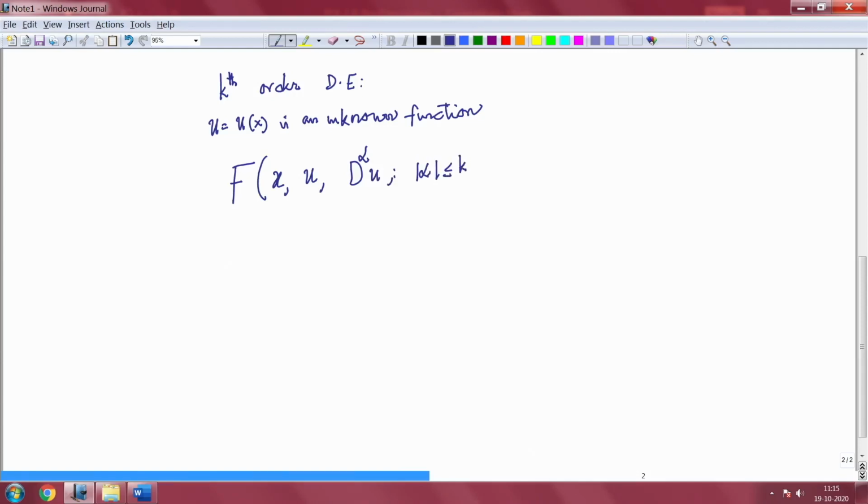If up to kth order derivatives appear, and at least one kth order derivative appears, then it becomes a kth order PDE. This will be equal to 0.